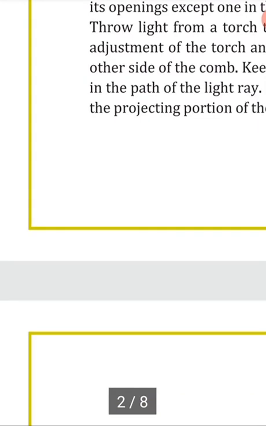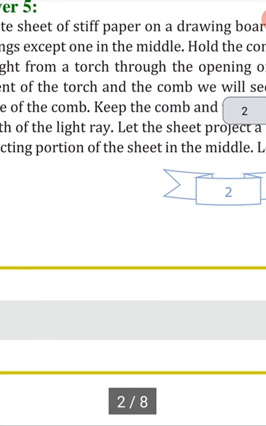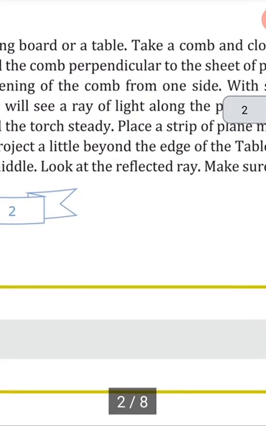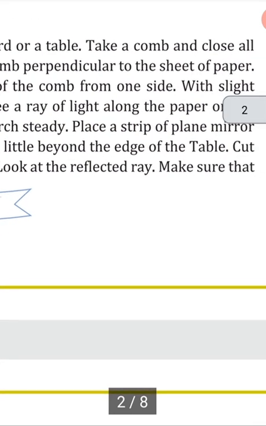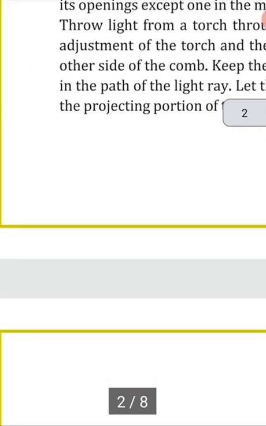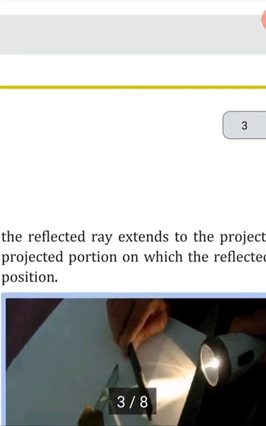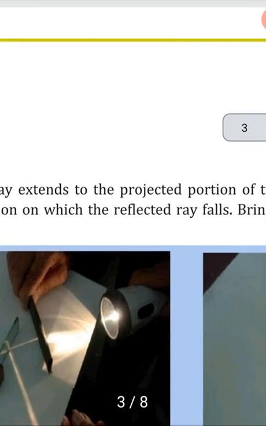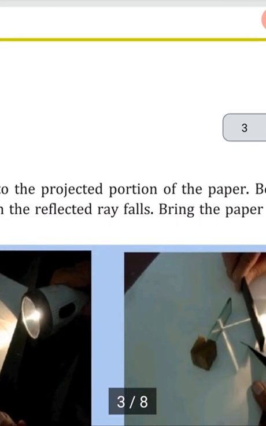Cut the projecting portion of the sheet in the middle. Look at the reflected ray. Make sure that the reflected ray extends to the projected portion of the paper.